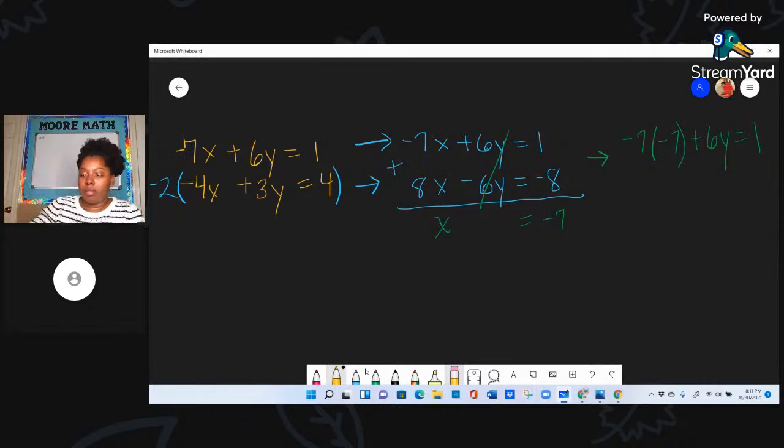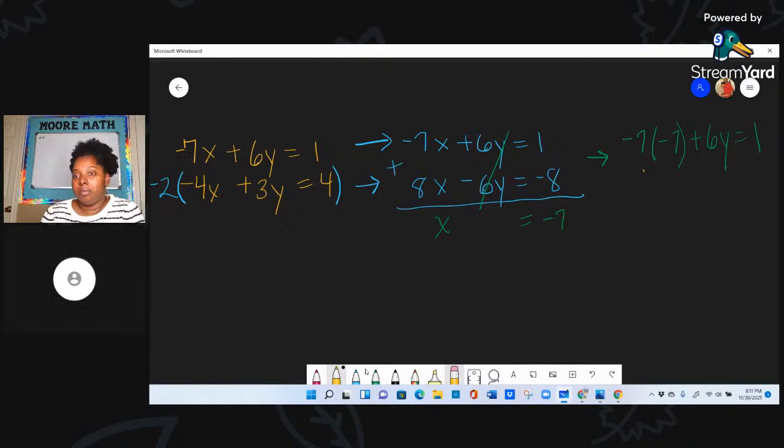I got it. Okay, so walk me through it. What did you do? I did negative 7 for x in x plus 6y equals 1. And then I did negative 7 times negative 7 plus 6y equals 1.